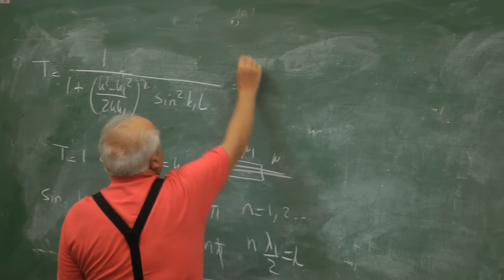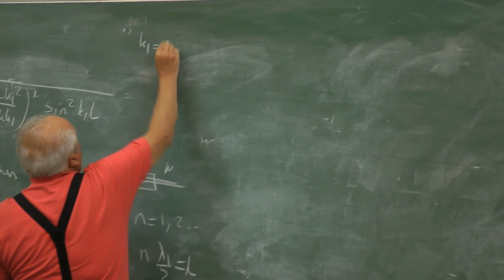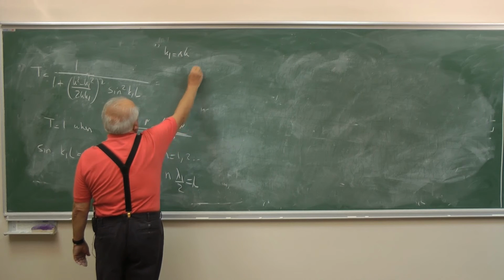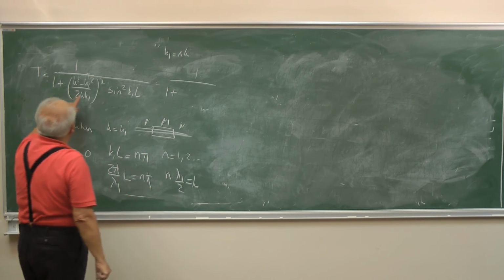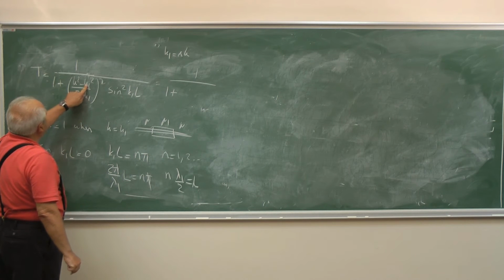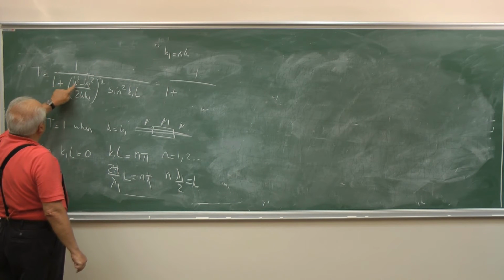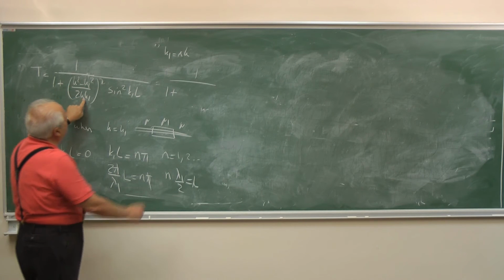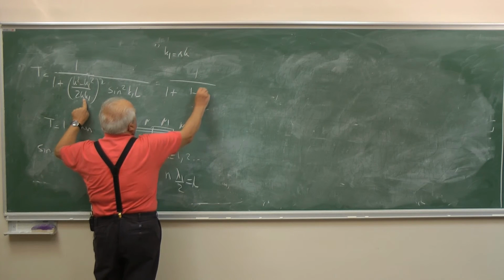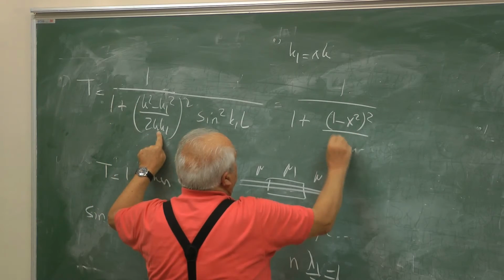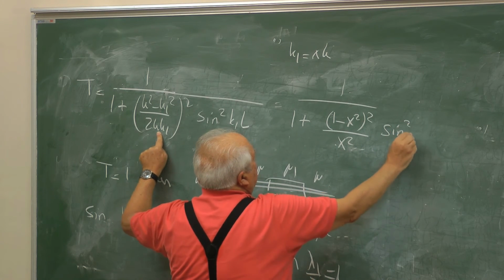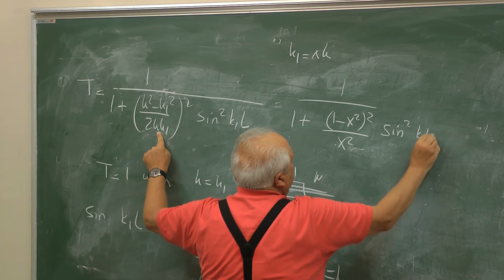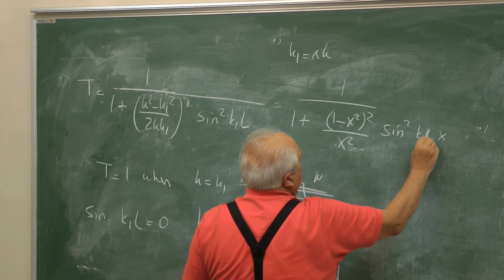But let's write K1 is equal to X times K. So T is equal to 1 over 1 plus 1 minus x squared, squared, over x squared, sine square KL times x.